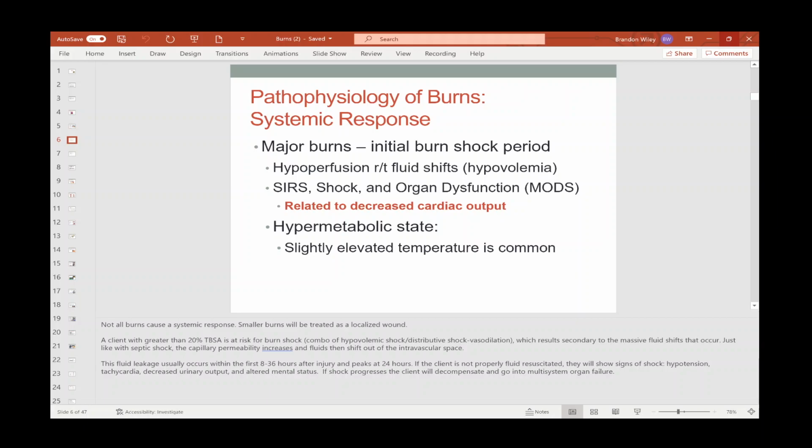So past that, there is a hypermetabolic state. Anytime you need an increased amount of oxygen to the tissues, an increased demand, you're going to have a hypermetabolic state. Anytime that you denature muscle and tissue, which is made up mostly of protein, you're in a hypermetabolic state.